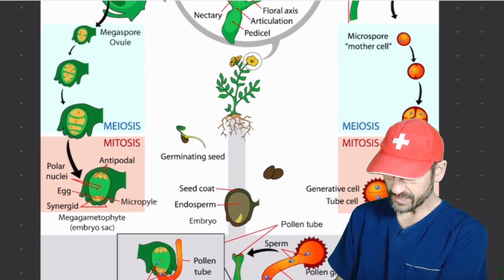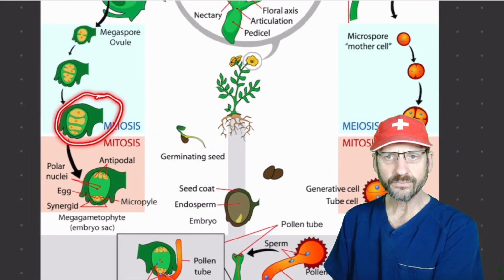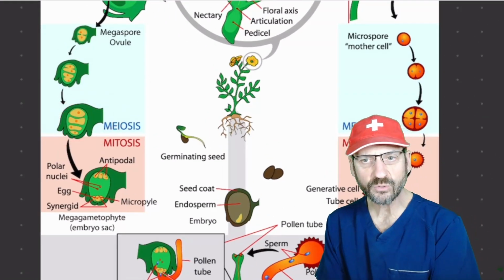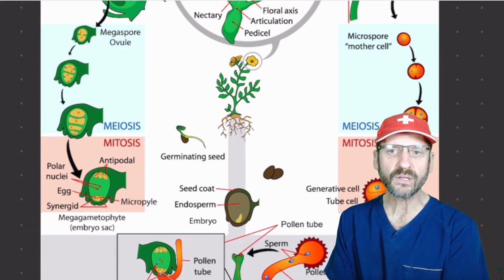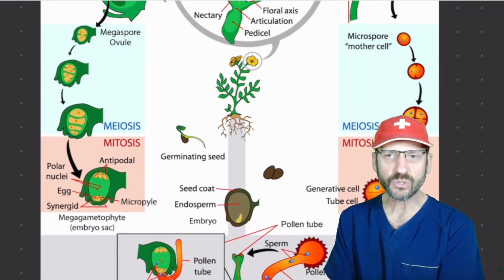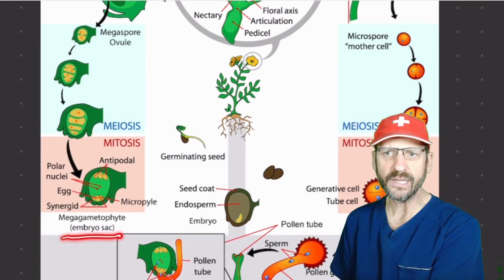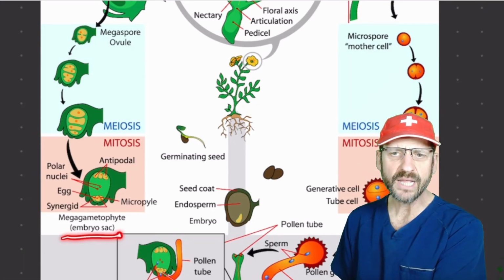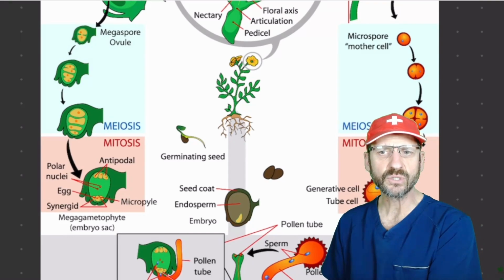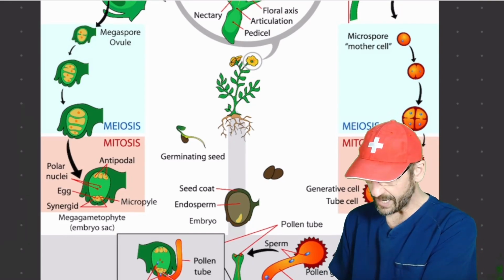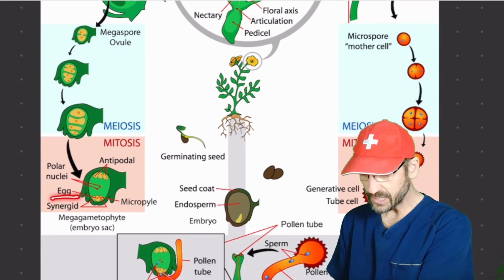You see them right in here. The largest grows by mitosis into the female gametophyte, which is also called the embryo sac. And you can see the embryo sac right here. And it contains egg cells and other cells, including 2 central nuclei. You see here the egg cells and the 2 nuclei.